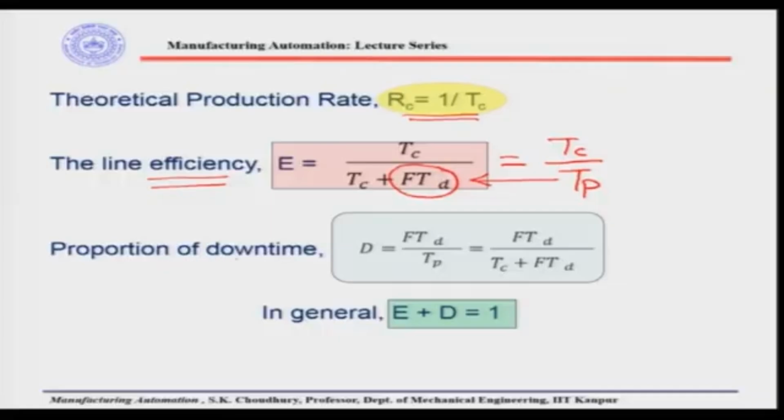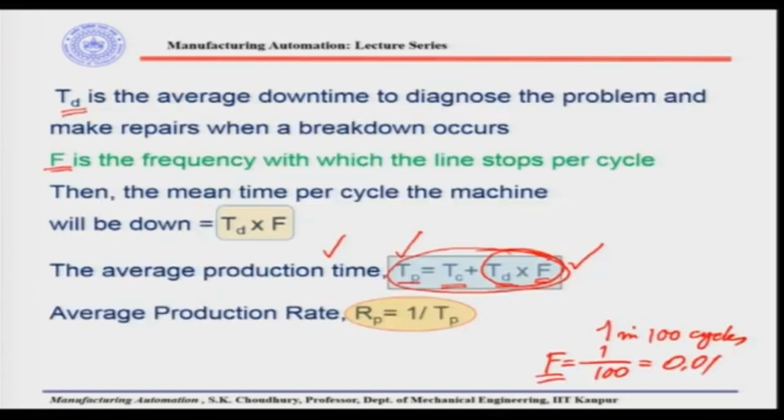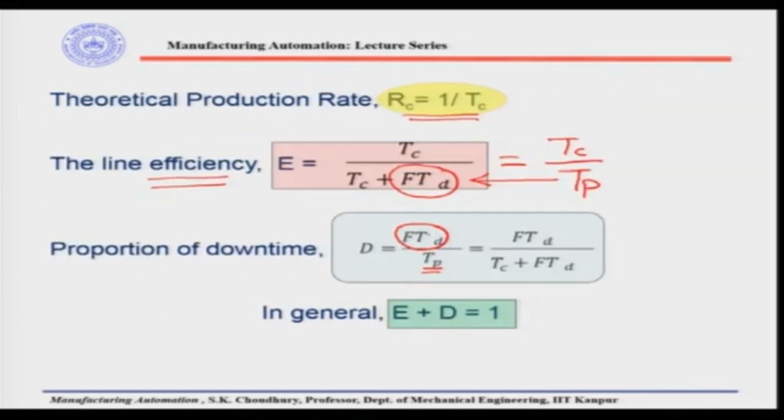So, the proportion of downtime of the line is given by F into Td, the time the line is down, divided by the actual average time Tp. So, this will be F into Td divided by Tc plus Ftd. This way we can find out for how much time the line is down.